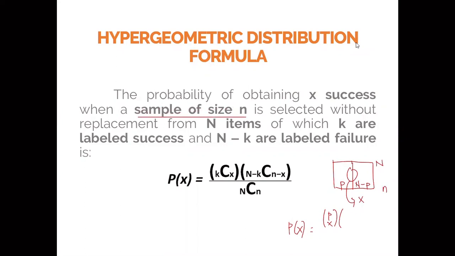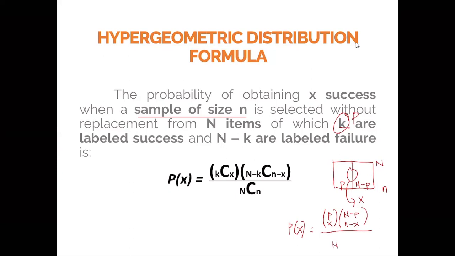As mentioned dito, yung number of successes natin, x successes, taken from n items. So yung k niya dito is P dito sa in-explain ko. So kung nakuha na si successes, multiply natin siya dun sa number of failures natin, which is n minus x. Tapos dito will be N minus P all over yung total, yung population natin taken nung sample space na required natin.